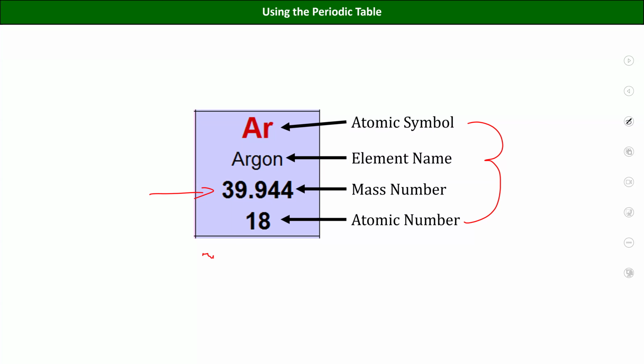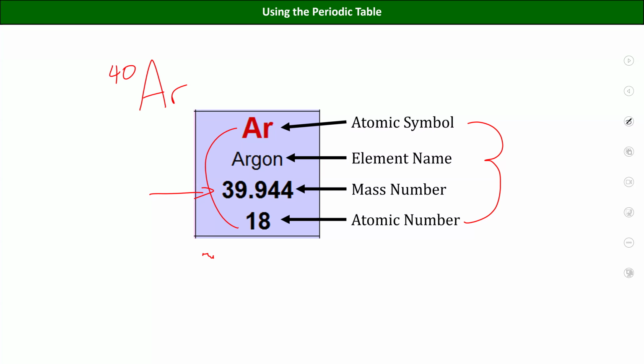So we know this is argon. We know that argon, by definition, has 18 protons. The rest of its mass is neutrons. So the way we would write this more detailed, this is what it looks like on the periodic table. If we were talking about this specific atom, we'd say it's an argon with a mass of 40.